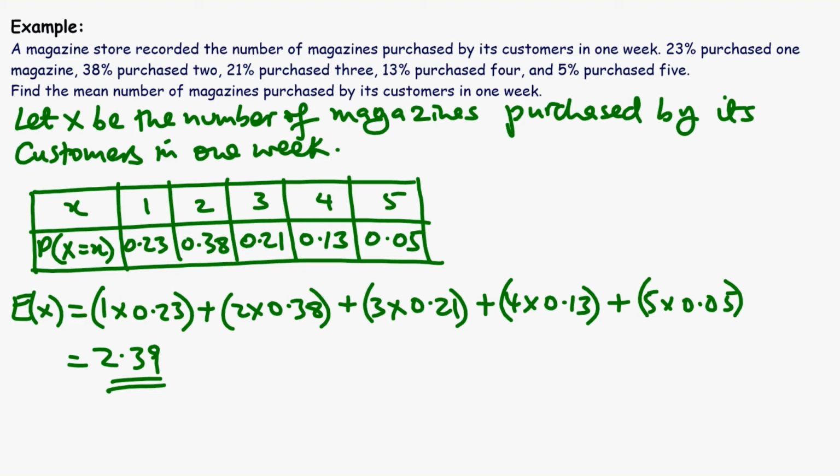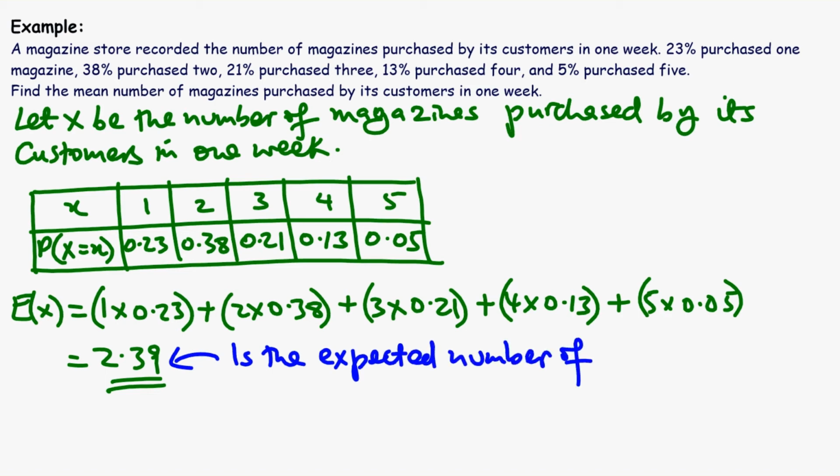So what does this mean? It means that the expected number of magazines bought by each customer in a week is 2.39. So this is the expected number of magazines bought by each customer in a week.